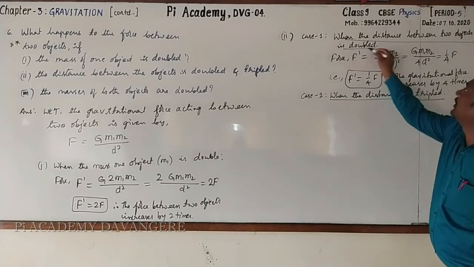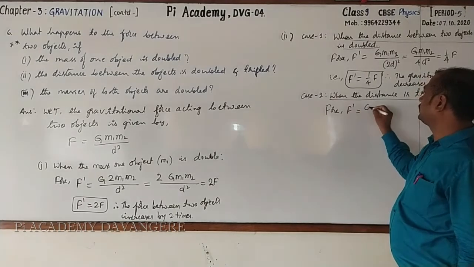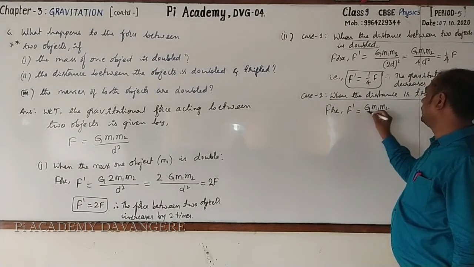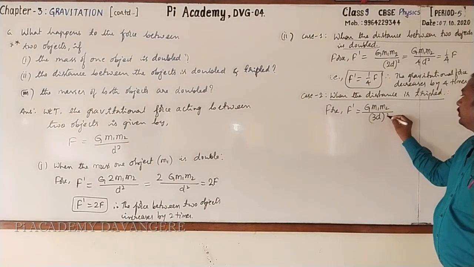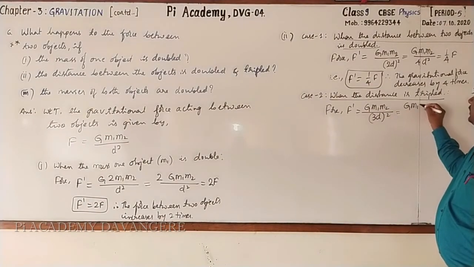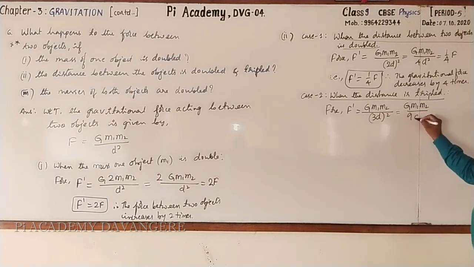Again, the force can be written as F dash is equal to G into M1 M2 by the distance, which is tripled, 3D whole square. It is G M1 M2 by 9 D square.